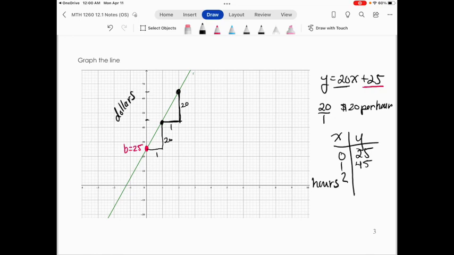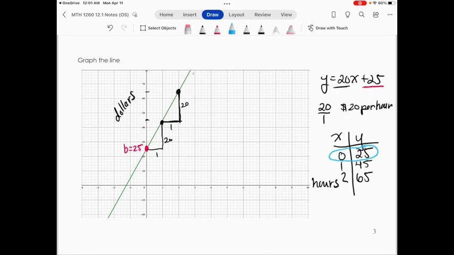When I plug in 2 to find the corresponding value of y when x is 2, I get 20 times 2, which is 40, and then I add 25, and I would get 65. So when I go to graph these points, it will form my line.